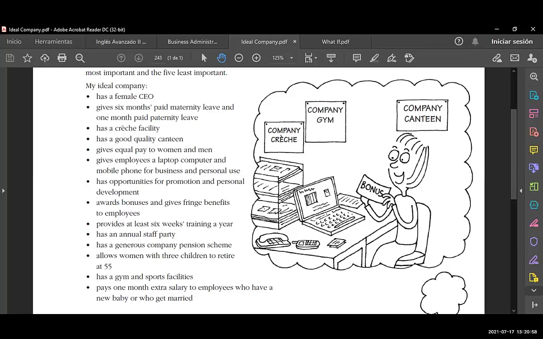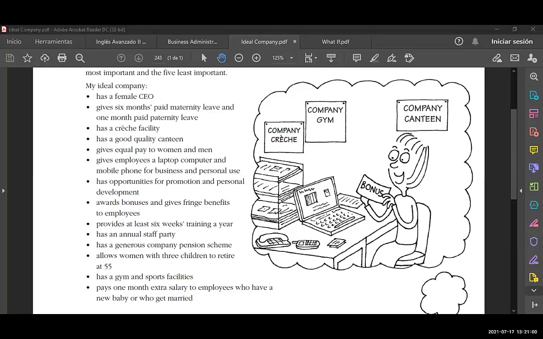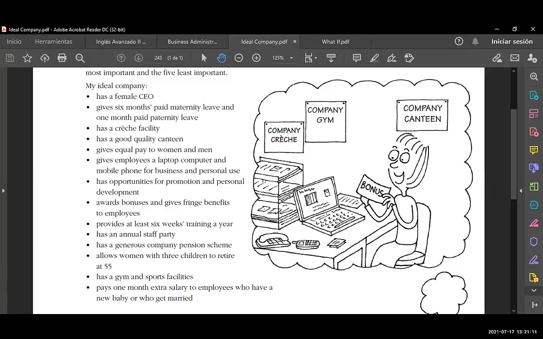Another is my ideal company has a generous company pension. How can I pronounce this word? Shame?